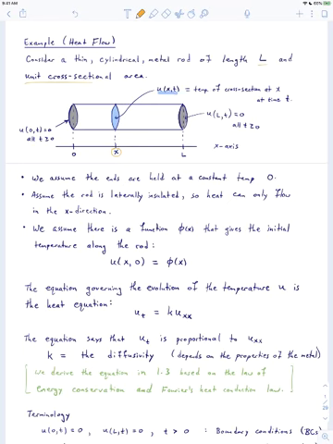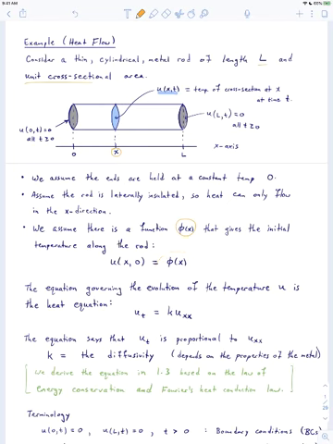So as I mentioned, we assume that the ends are held at a constant temperature of 0, and we assume the rod is laterally insulated, so heat can only flow in the x direction, either the positive direction or the negative direction. We assume there is a function phi of x that gives the initial temperature along the rod. So at time t equals 0, u(x, 0) is given by this function.